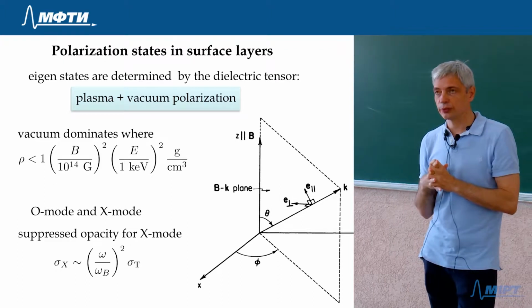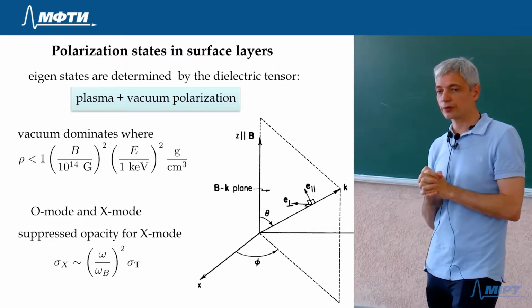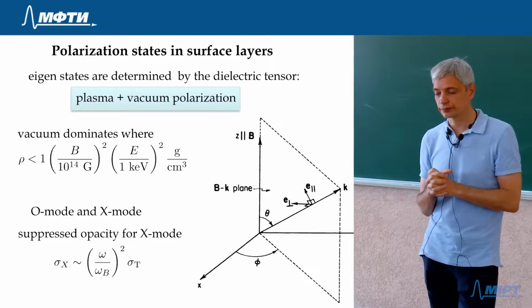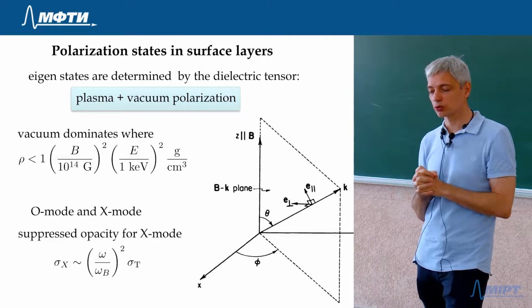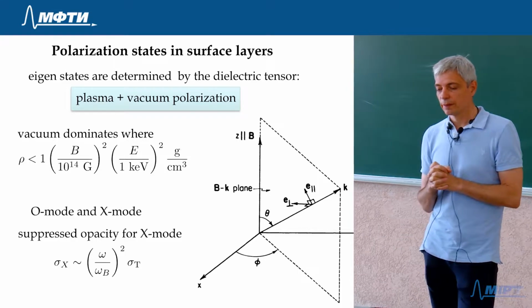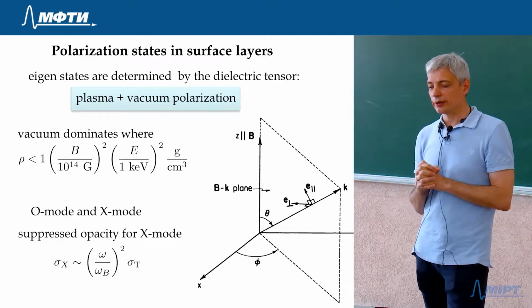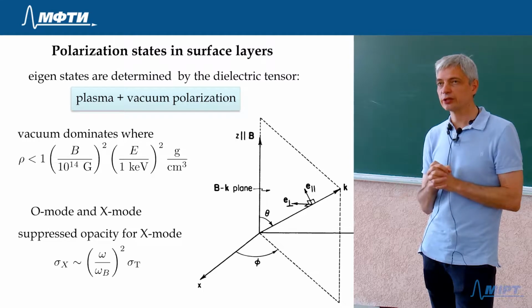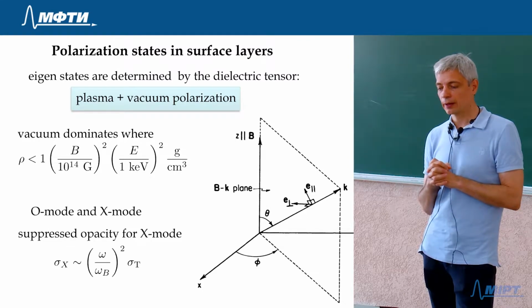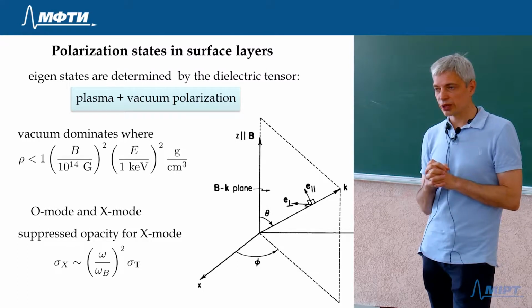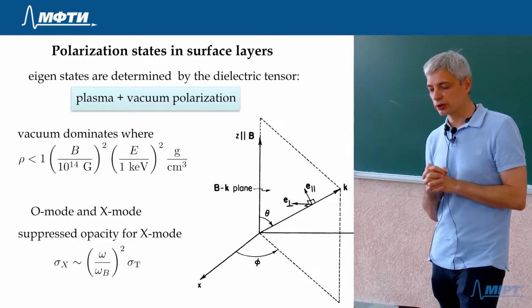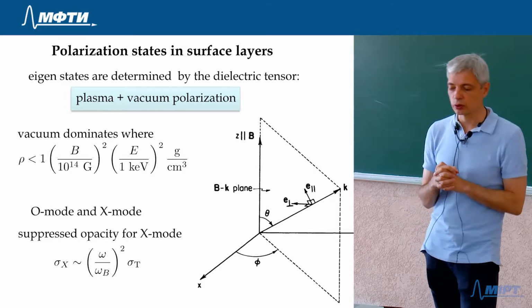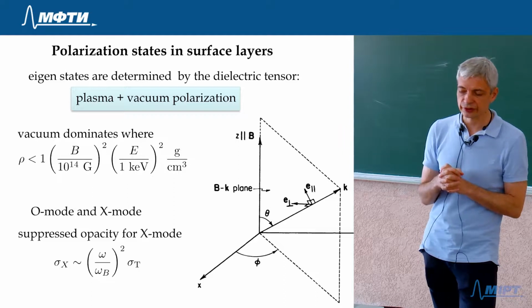When you deal with the same problem in matter, and especially in strongly magnetized matter, you find that, again, there are two eigenstates with slightly different propagation speeds, which are linear states with linear polarization. They are called E and O mode, or sometimes X and O mode.